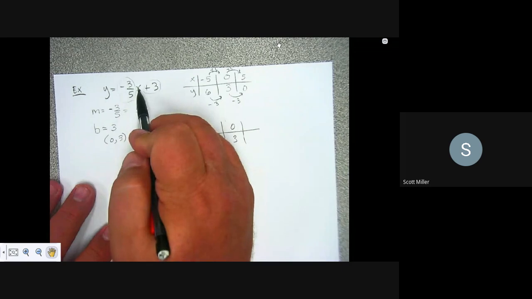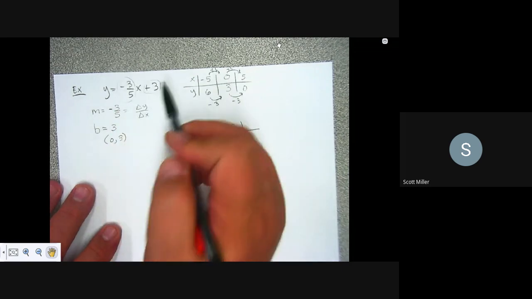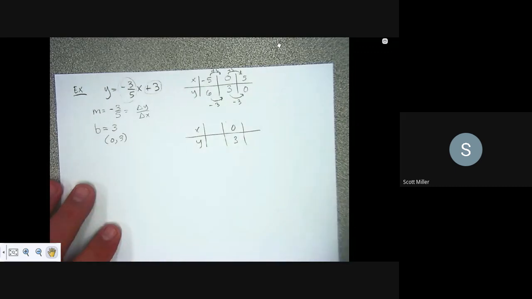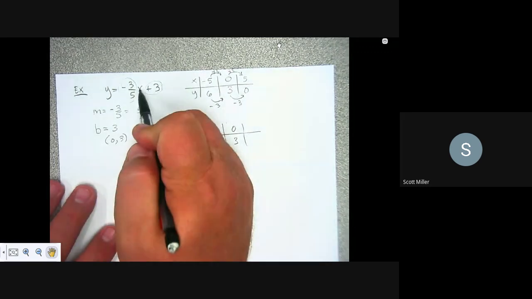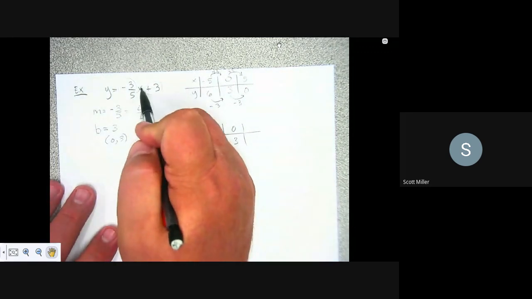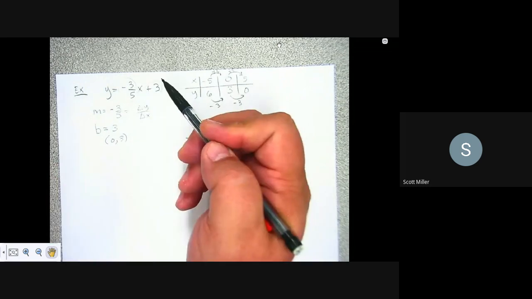If I pick the number 1, I'm going to get a fraction in my answer. Now, that's fine if you want to work with fractions. There's no problem with it. Go right ahead. More power to you. But if you don't want to work with fractions in your answers, then you need to pick a number that will divide by 5.